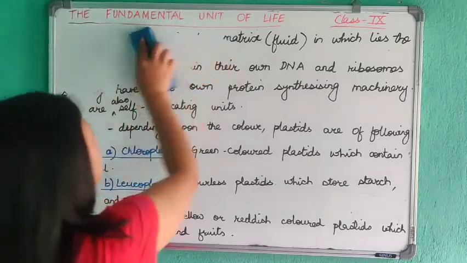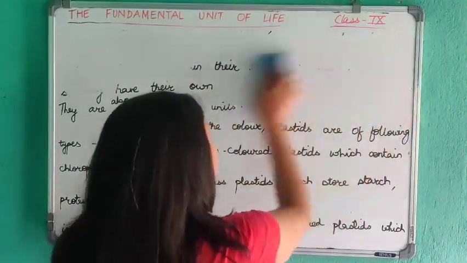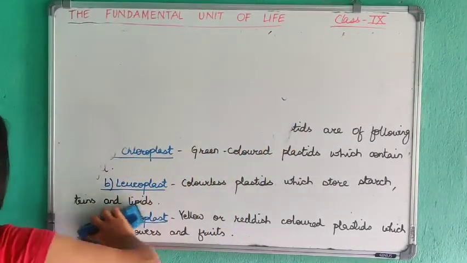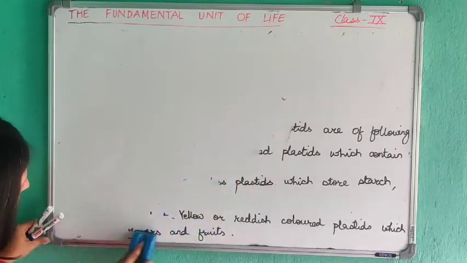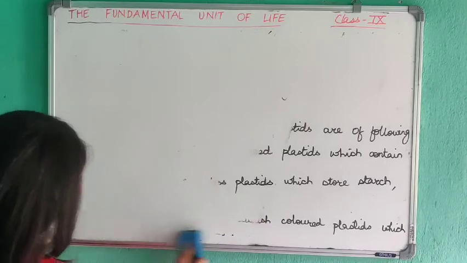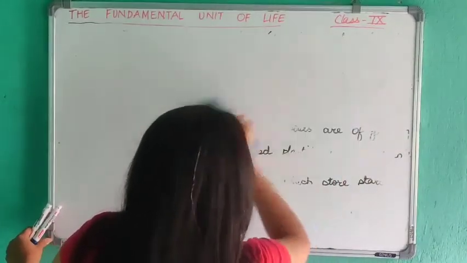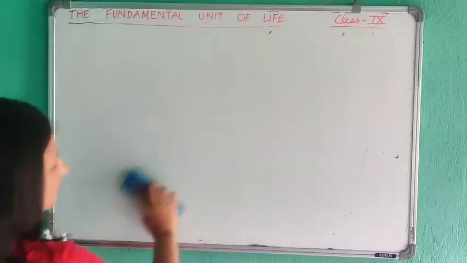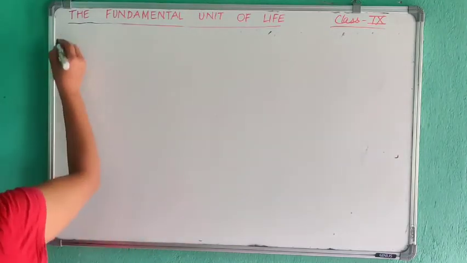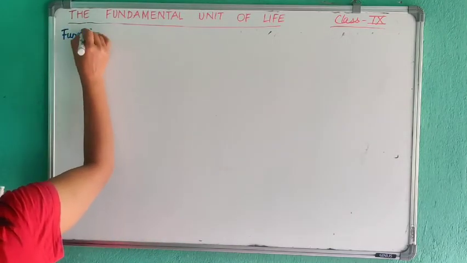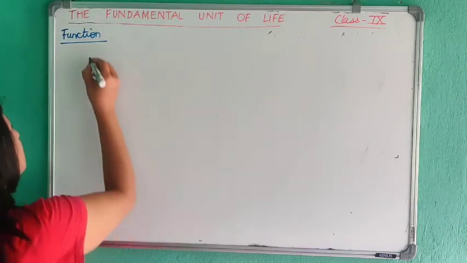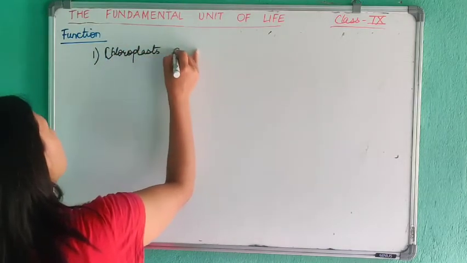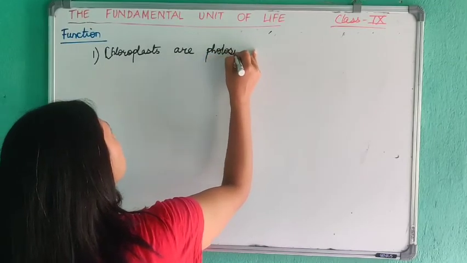Now let us study the function of plastids. First function: chloroplasts are photosynthetic organelles.